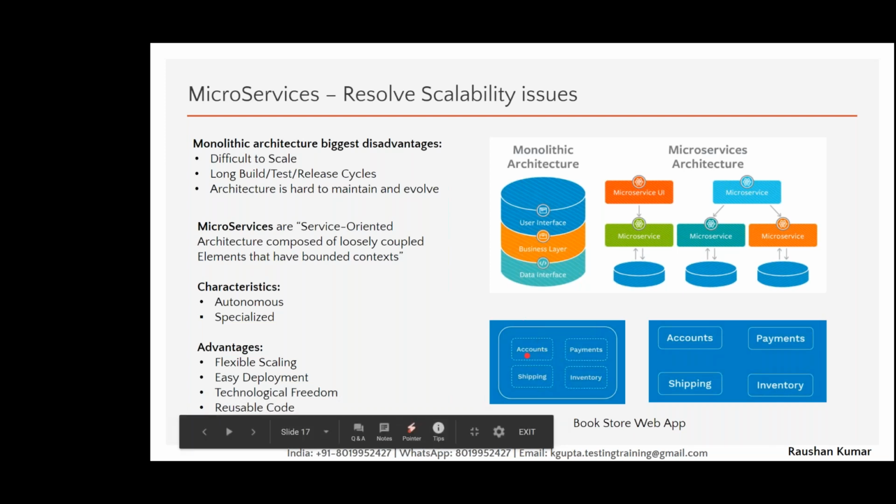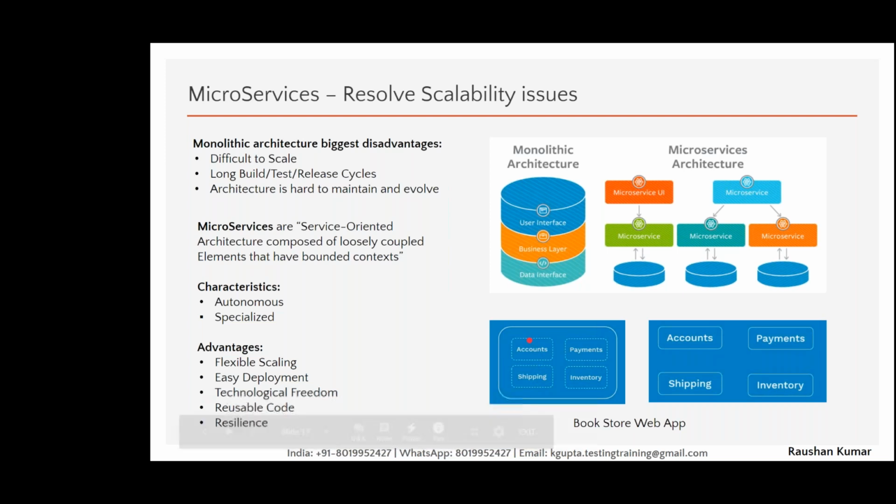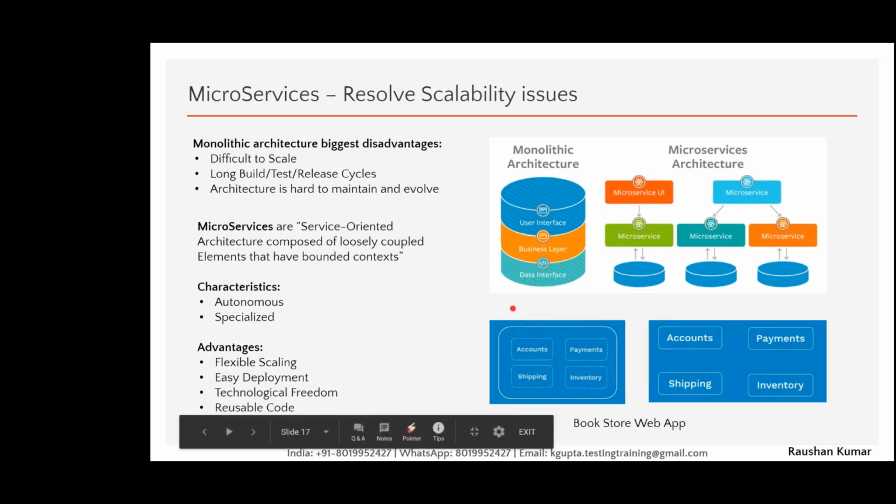So there is a huge chance that I have been using the functions anywhere and everywhere. So even for small bug fixes, I have to build and deploy the entire code base. But here it's not the case. If I am fixing something in the accounts module, I just need to build and deploy the accounts microservice.